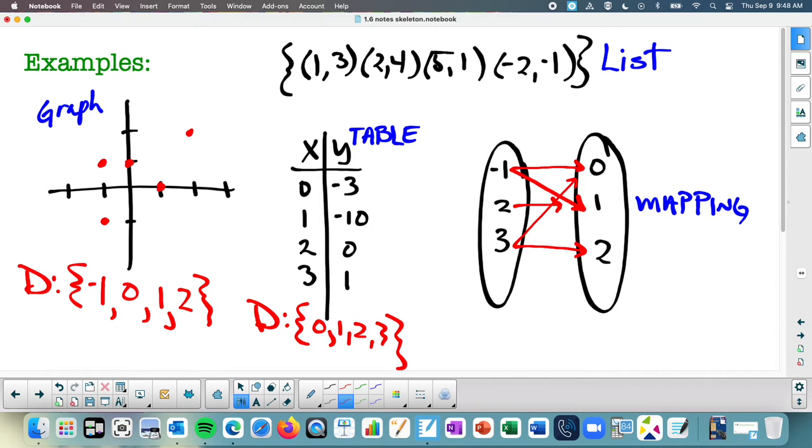Generally, you go in order. It also doesn't matter if you write a duplicate. You don't have to write duplicates. So negative 1, negative 1. These are the x values, not the height. So negative 1, 0, 1, 2. Then when we go to list the range, you list the height. So then I would go bottom to top. So negative 1, 0, 1, I could write 1 twice if I wanted to.